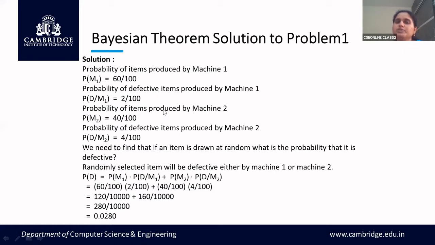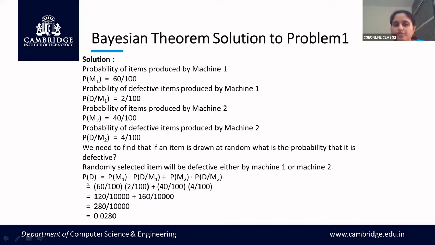Probability of an item produced by machine 2 is 40%. So probability of M2 would be 40 divided by 100. Probability of defective items produced by machine 2 is 4%, which is 4 by 100. So what we need to find here? We need to find if an item is drawn randomly, what is the probability of that item being defective.